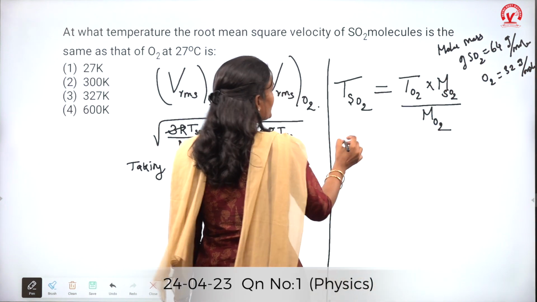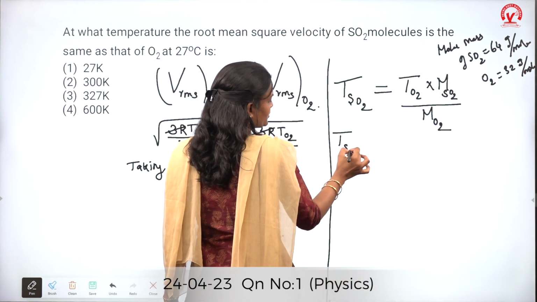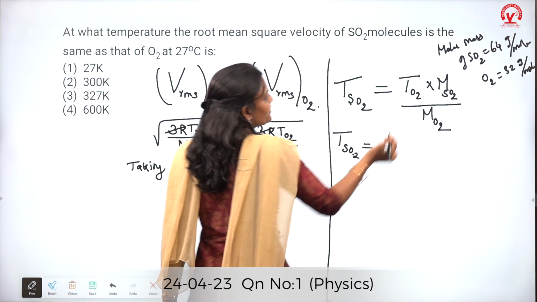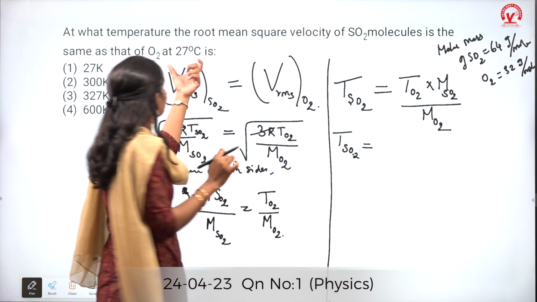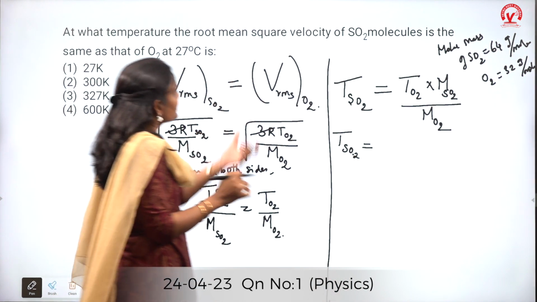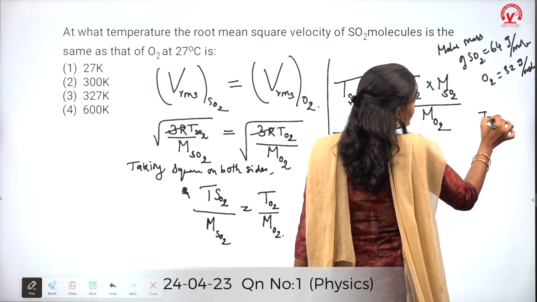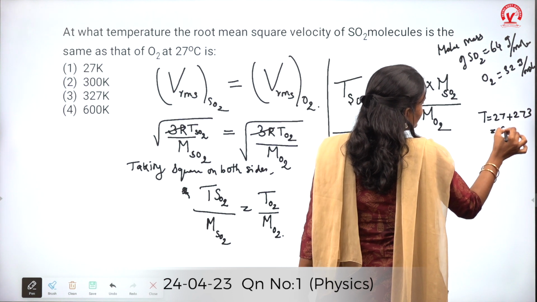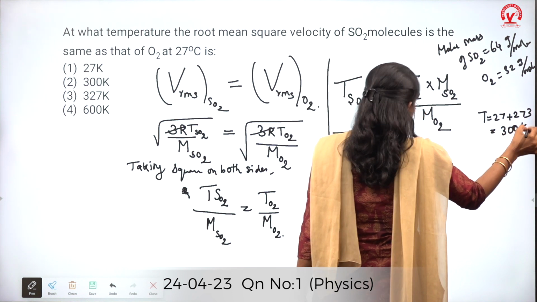Substitute in these values now. T is given in degree Celsius, so we need to convert that to Kelvin. T is equal to 27 plus 273, which is 300 Kelvin.